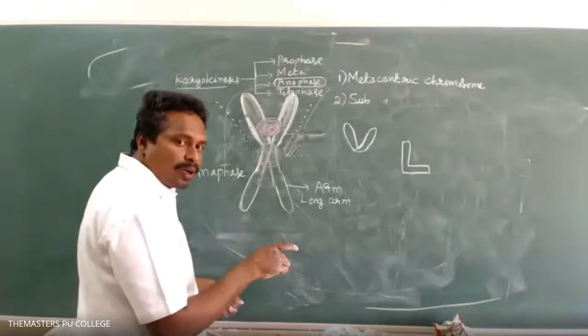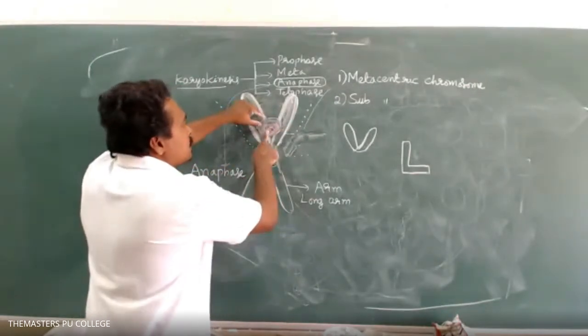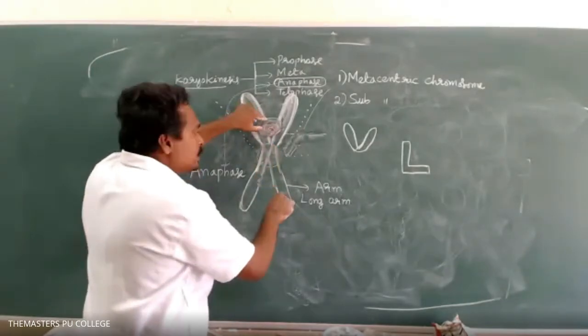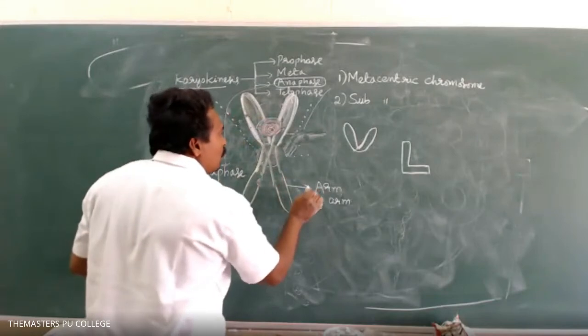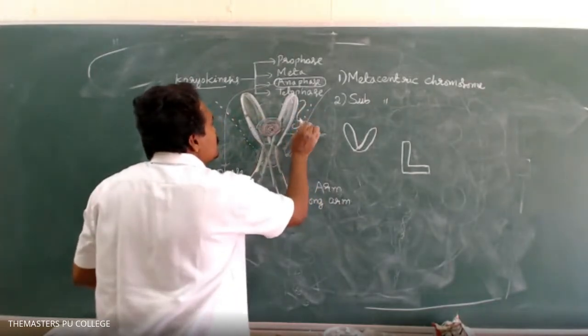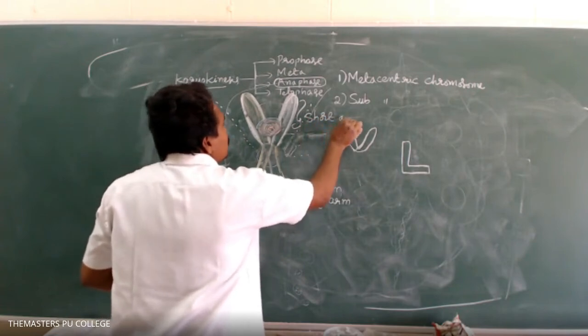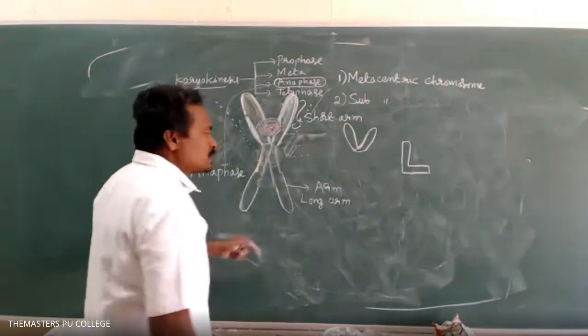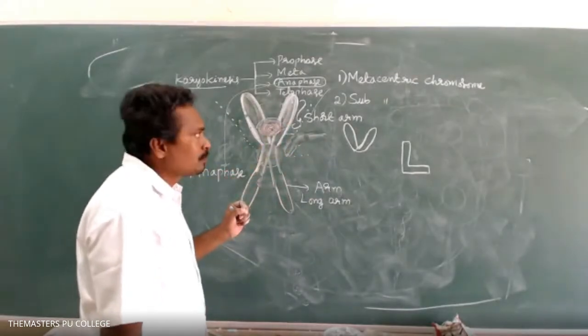Metacentric chromosome. Right. Unequal arms are present in the submetacentric chromosome, because the centromere is slightly away from the center. Hence one arm is long and the other arm of the chromosome is short.